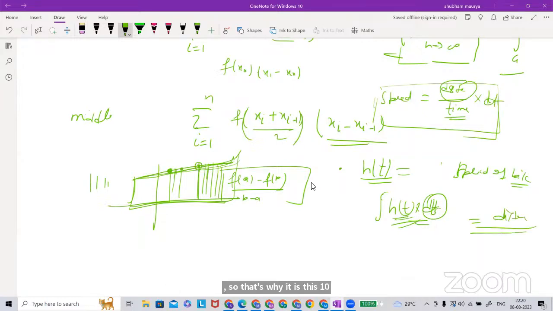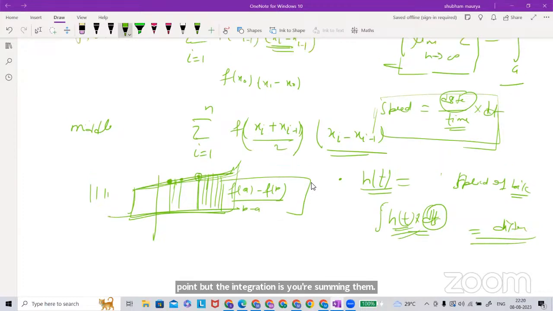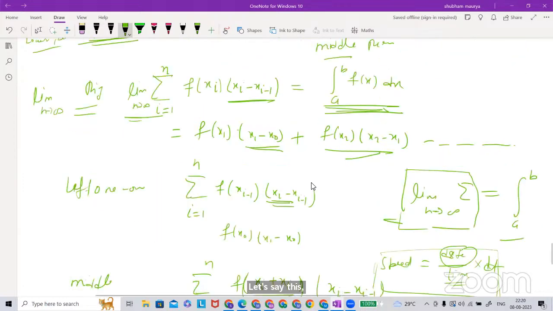Okay, so differentiation is actually more of a breaking point, but in integration you are summing them. That is why this Riemann sum is there, and after summing them over infinitely many pieces, this sum becomes the integration sign. So yes, in differentiation you are breaking your function point-wise, not in area.